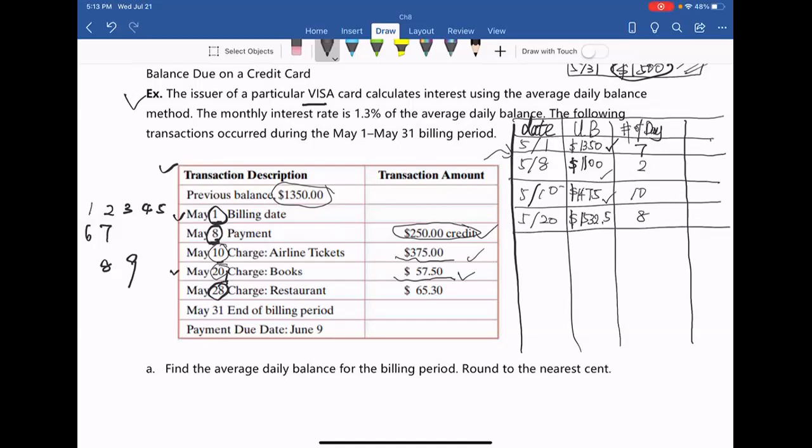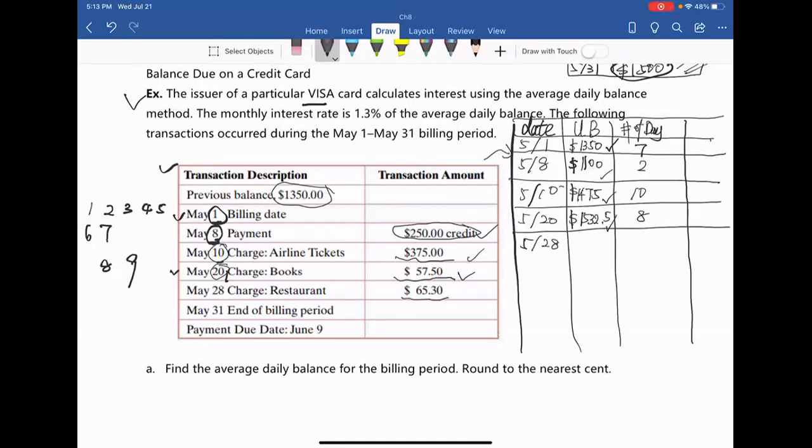And the next part, that's May 28th. So what's the new unpaid balance? Go to the restaurant. The unpaid balance increased.